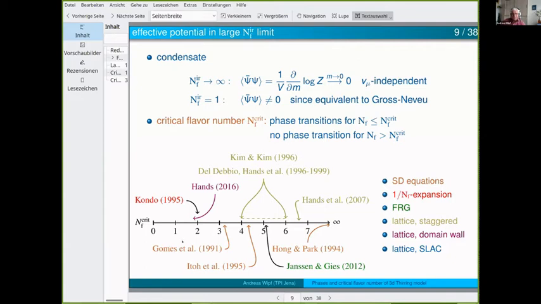And you see almost everything was possible, between 3 and infinity, so to say. It was just very hard to pin down this critical flavor number.